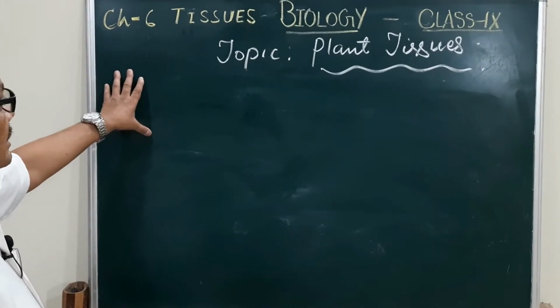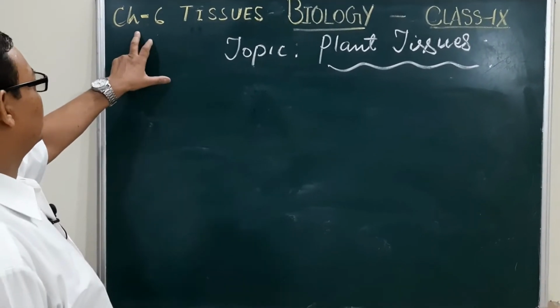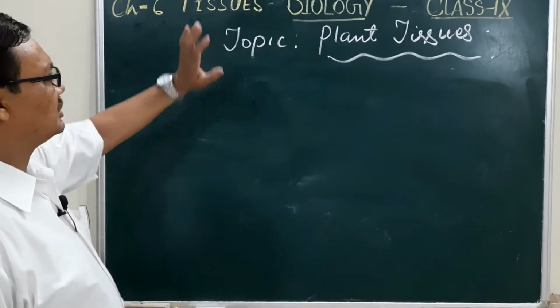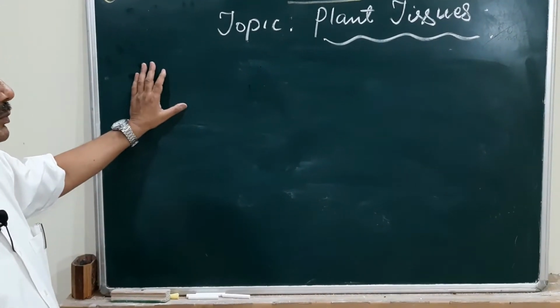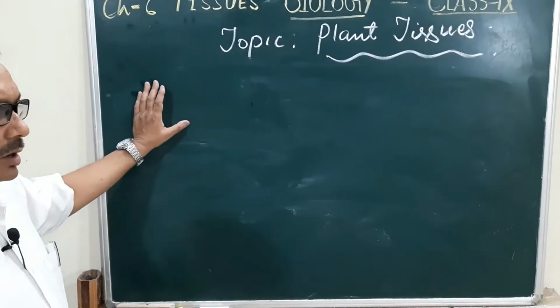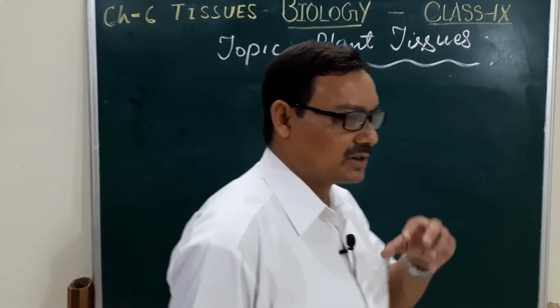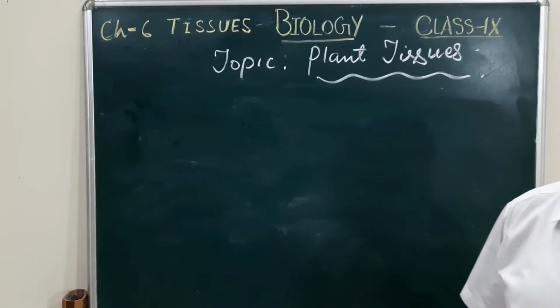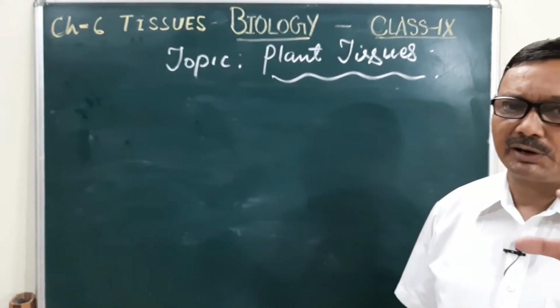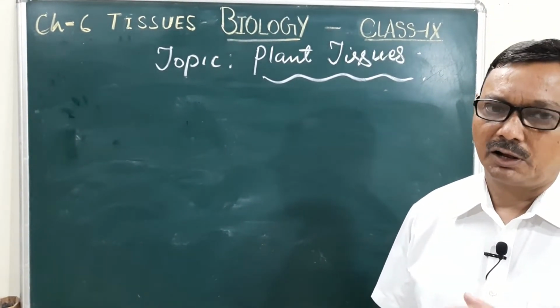Students, in the first class of our chapter number 6, Tissues, we have discussed the differentiation depending upon the division of labor in multicellular organisms.